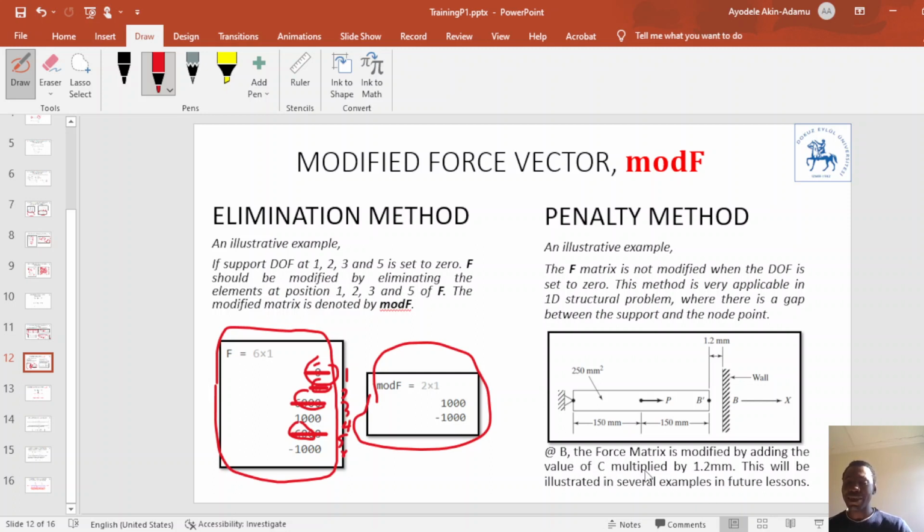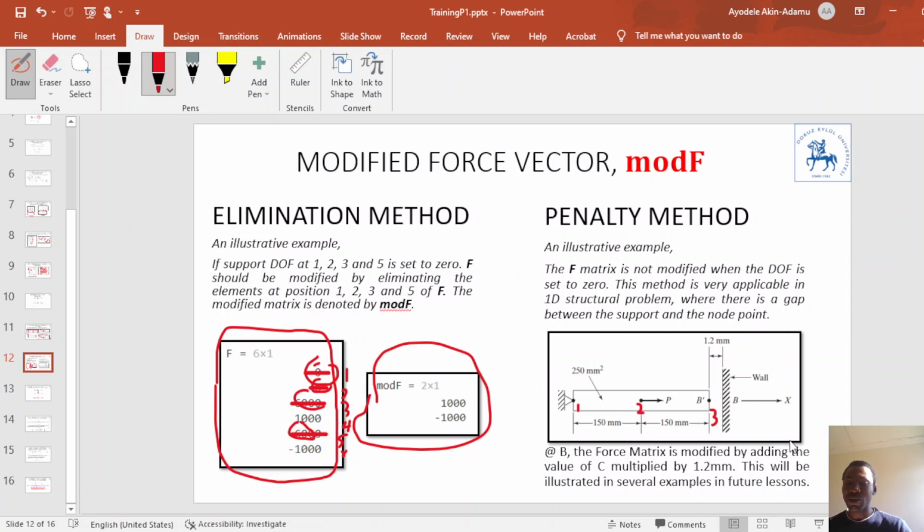You multiply C by the gap. In this example, the gap is 1.2 mm. So C times 1.2, you add this value to the position of node B in the force vector. Say in this problem, this is node 1, node 2 because there is a point load here, and node 3.